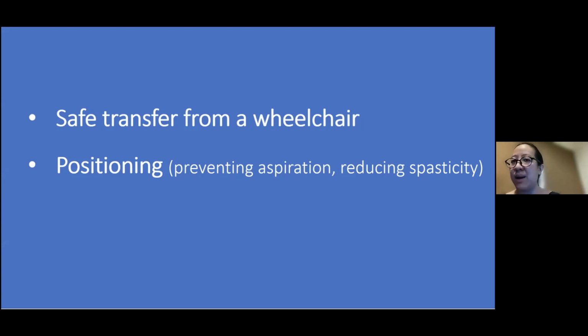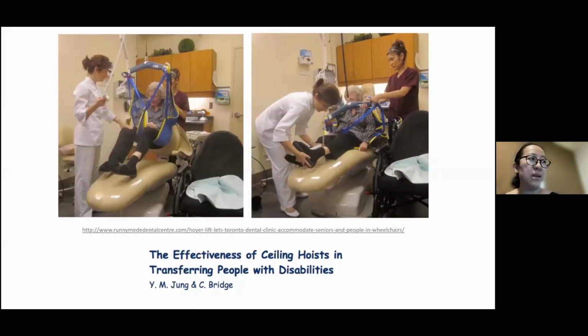And the second part is, once you're in our hospital, in the clinic, what would be the safe transfer from the wheelchair, or how to position the patient in the safest way. The gold standard is the ceiling lift or ceiling hoist, which helps not just the patient, but also the care provider as well.